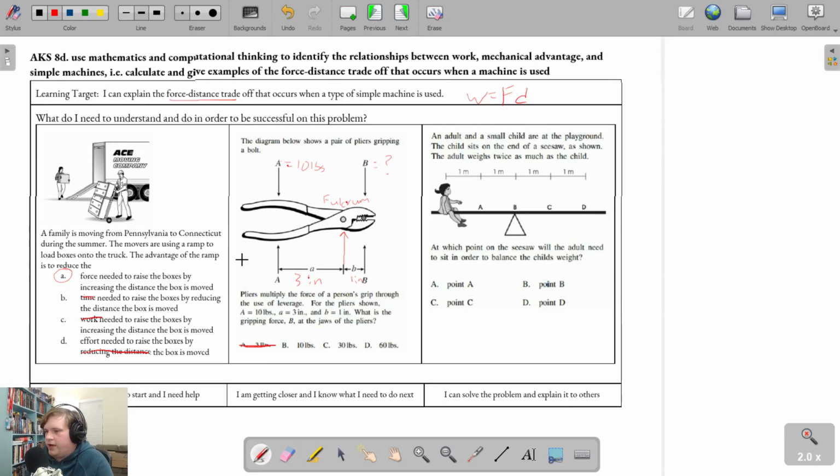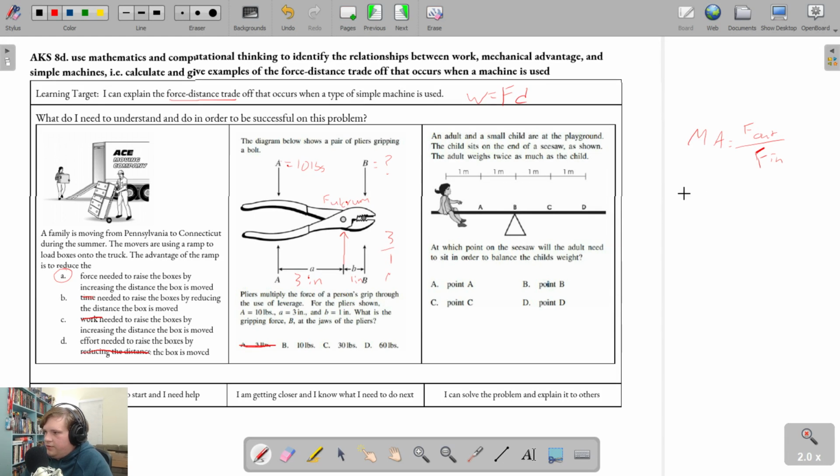So we have to calculate our mechanical advantage. This is a lever, so our mechanical advantage is our effort arm over our resistance arm. So it's 3 over 1. 3 divided by 1 is 3. That is our mechanical advantage. Now, mechanical advantage is equal to F out over F in.